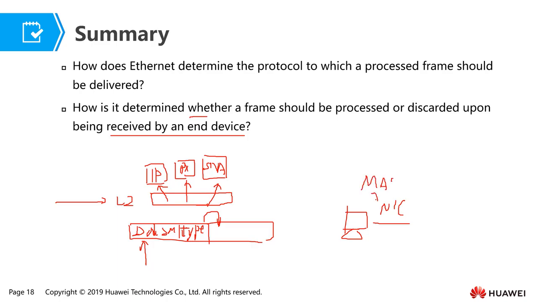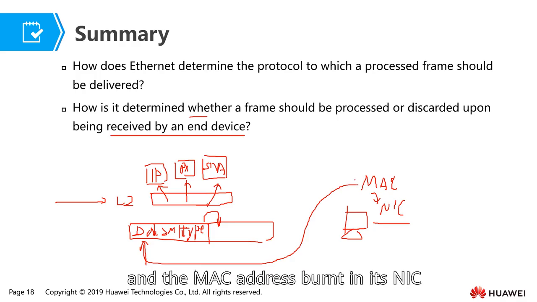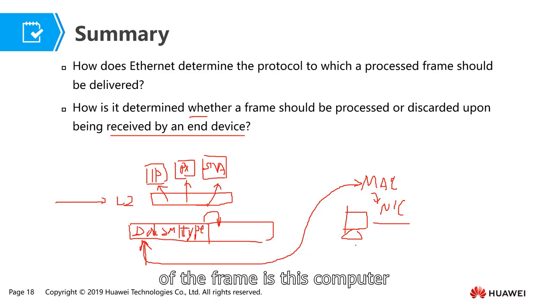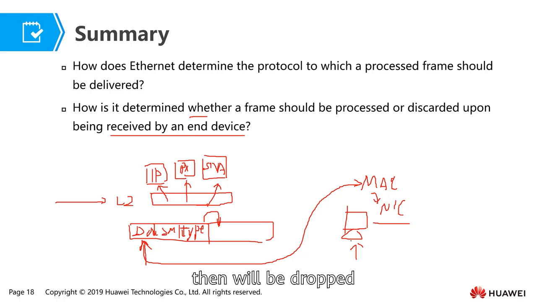Then we compare the destination MAC address with the MAC address built into the NIC. If it's the same, the destination of this frame is this computer and it will be accepted. If not the same, it will be dropped.